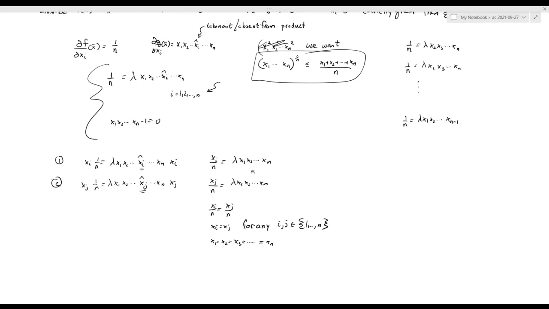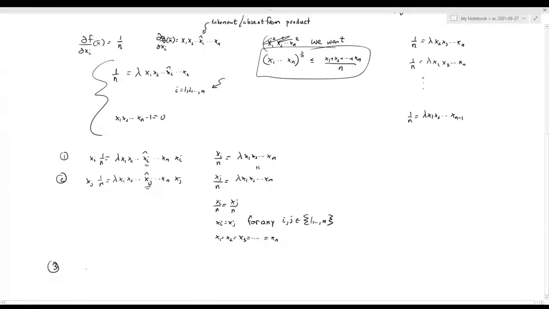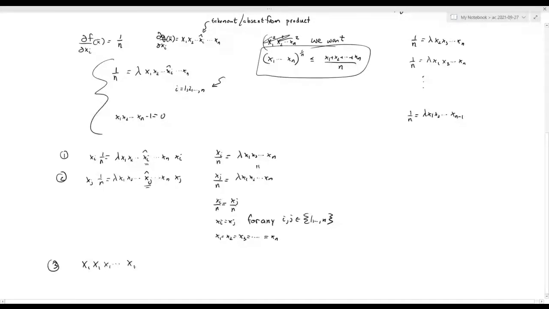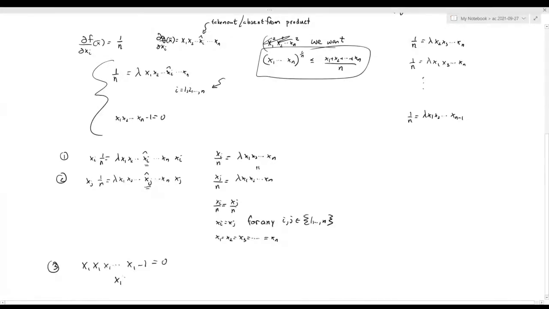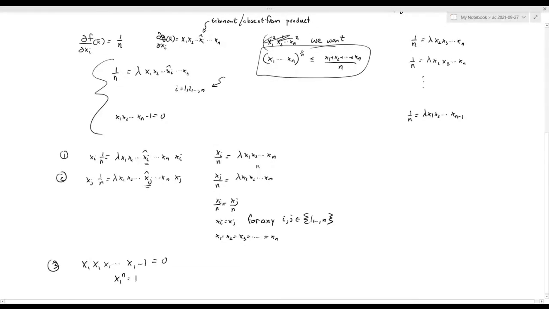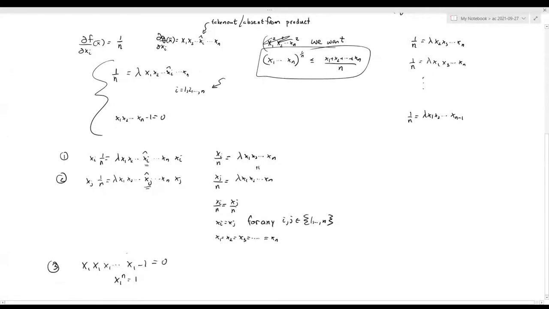So looking at the constraining equation, x2 has to equal x1, x3 has to equal x1, xn has to equal x1. And that's n times, right? x1 to the n power. Yes, there are n factors here.